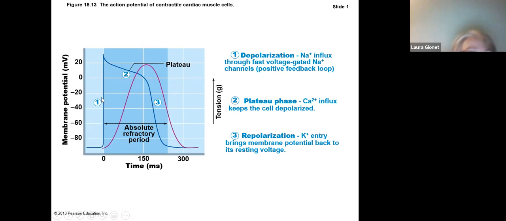So you have that upward deflection, which is depolarization. The interior of the cell becomes more positive. Sodium gates open, sodium enters the cell, and then boom, sodium gates close, because those voltage gates open and close very quickly. And now the potassium gates finally open.